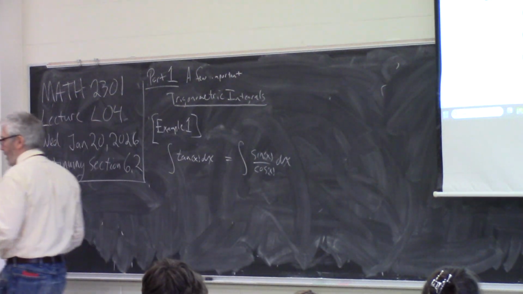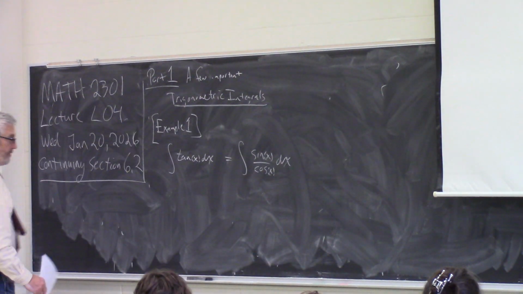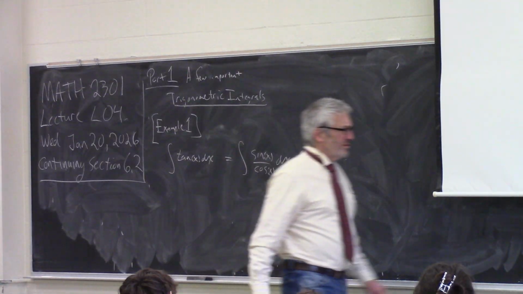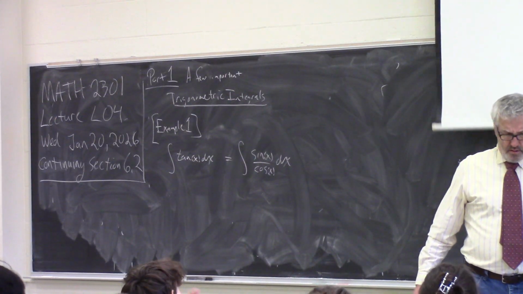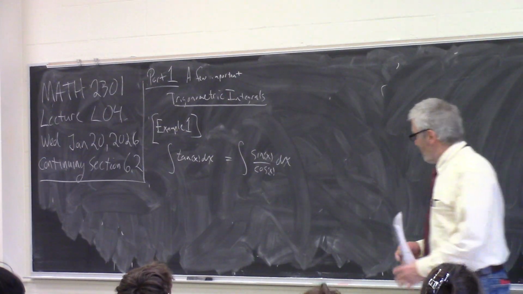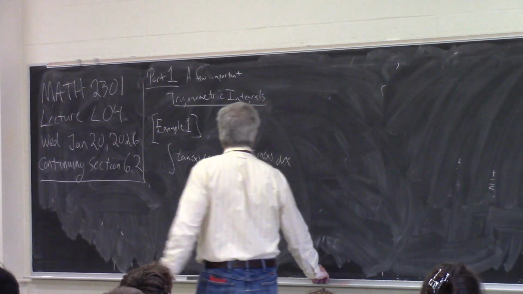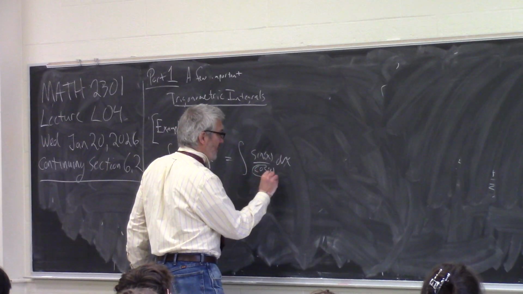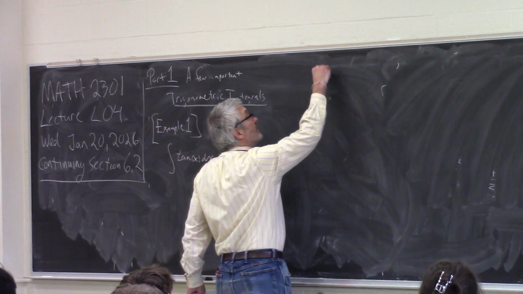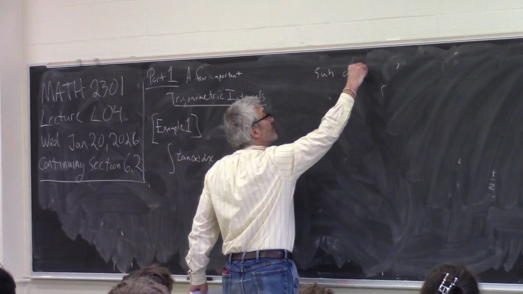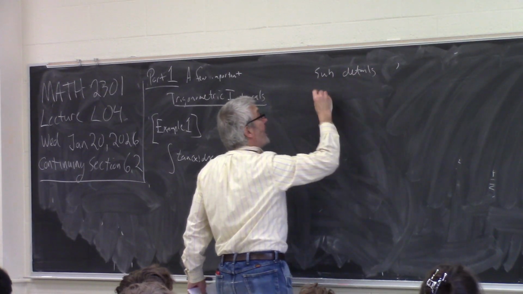So nothing fancy. It doesn't look like a nested function, but one thing that makes the function a nuisance is that there's this cosine on the bottom. So let's let that thing be our u.